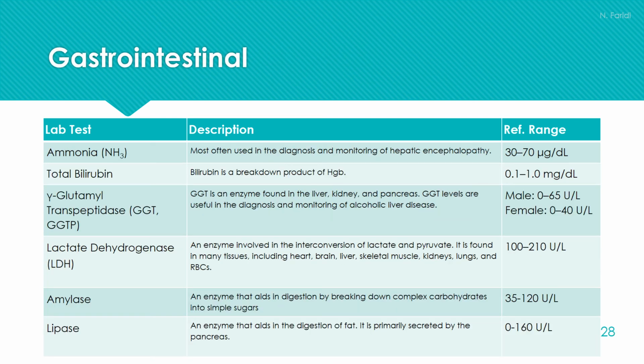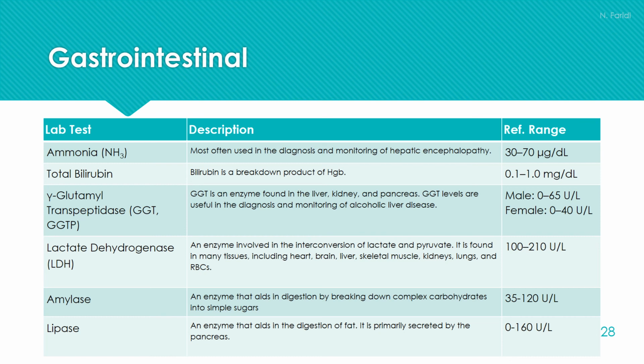Here we have measures of the gastrointestinal tract. Here we see ammonia, total bilirubin, gamma-glutamyl transpeptidase, which is a measure to see alcoholic liver disease or functions of the pancreas. We also have lactate dehydrogenase.